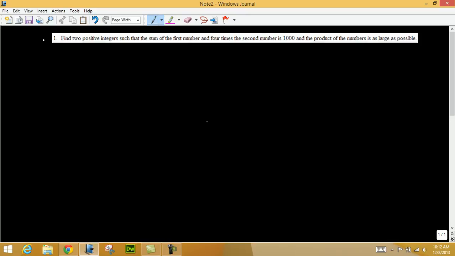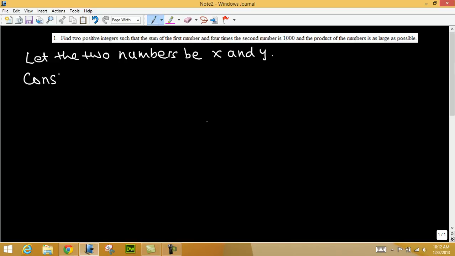So let the two numbers be x and y. Then we can write down the constraint, the relationship between the variables. The sum of the first number and 4 times the second is 1000.